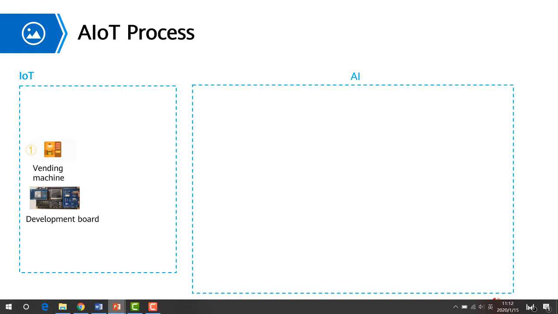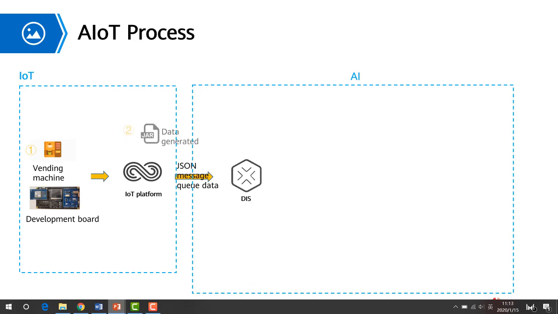The data reported by the development board is uploaded to DIS through the Huawei Cloud IoT platform. Data generated by the jar package is collected and transferred in real time by DIS. After the transfer, the data is dumped to OBS according to the pre-configured dumping task. Such data will be used for model training and development on Huawei Cloud ModelArts.